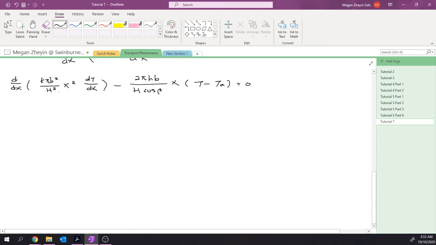And then we multiply everything by h square over k pi b square. Because this is a constant, this one can be taken outside here.